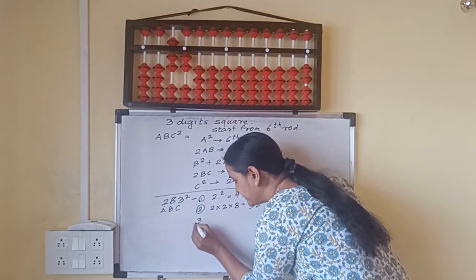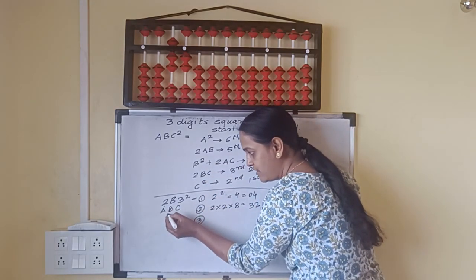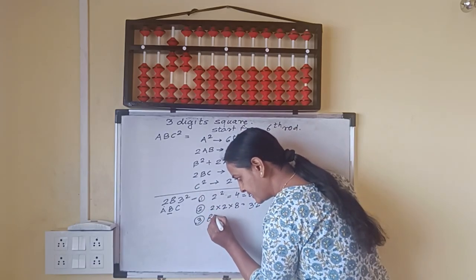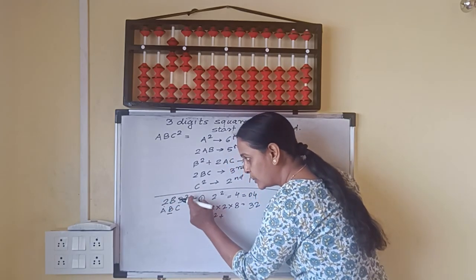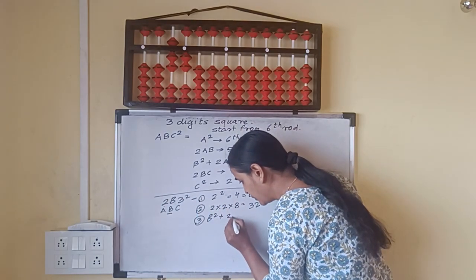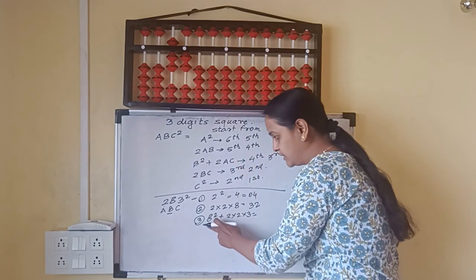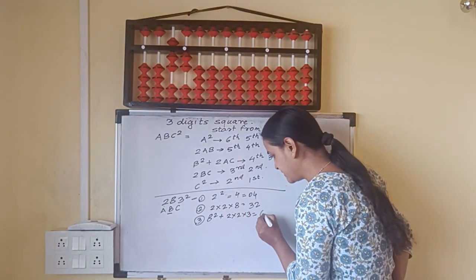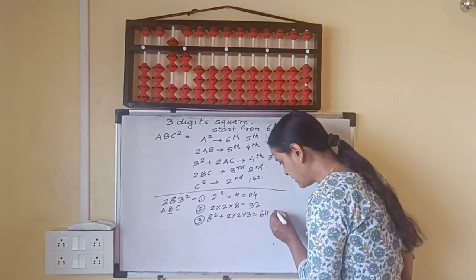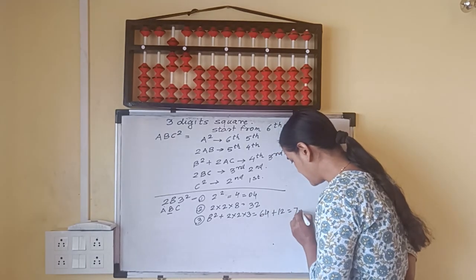The third step is B square plus 2AC. We first find the square of 8, then 2AC, which is 2 into 2 into 3. 8 square is 64, and 2 into 2 is 4, 4 into 3 is 12, and the answer is 76.